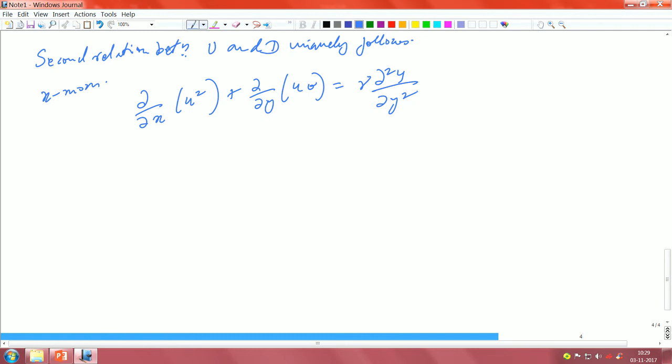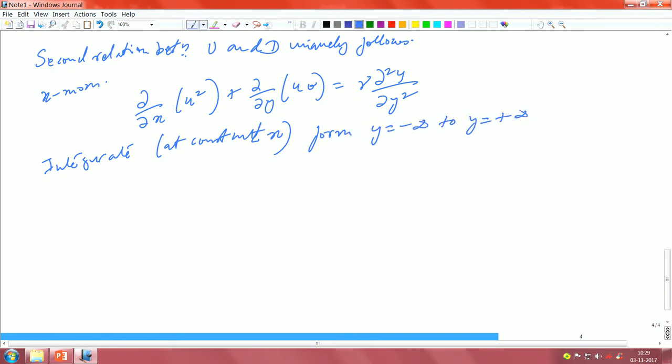So, integrate at constant x from y equal to minus infinity to y equal to plus infinity. We are integrating the whole thing.